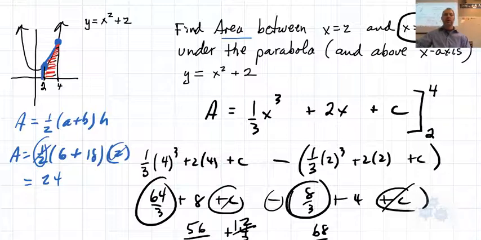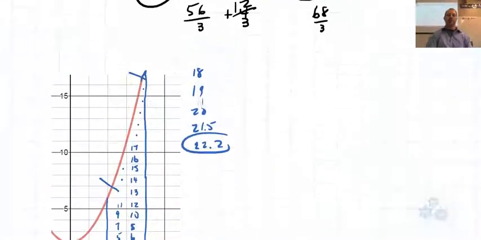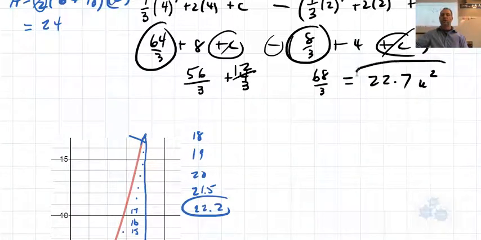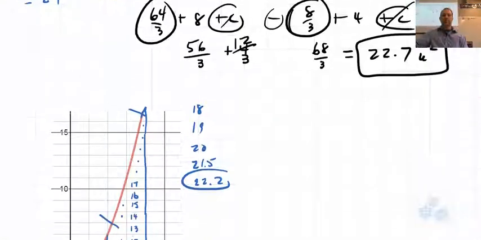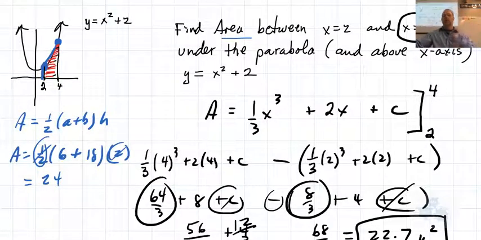It seems our estimations match up with what the calculus says. So the area is about 22.7 units squared. So there's an example of using antiderivatives to find areas under a curve. This is super important for the beginning of integral calculus, as we start to find out the applications of integrals.